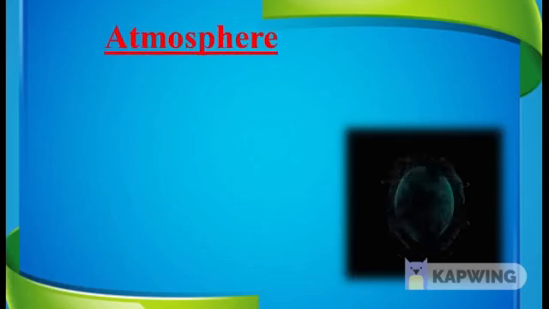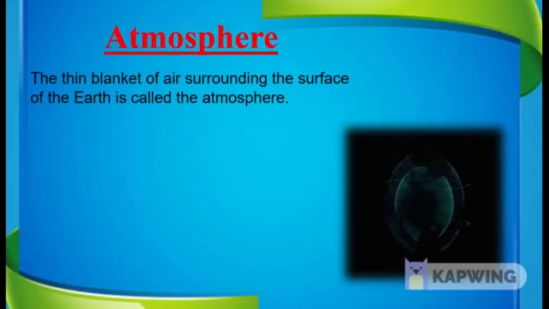Now you can see the earth is rotating and there is something present around it. Now what is that? Yes, atmosphere. The thin blanket of air surrounding the surface of the earth is called the atmosphere.